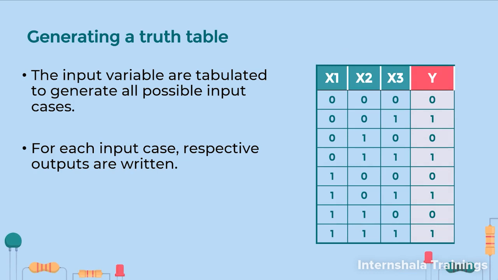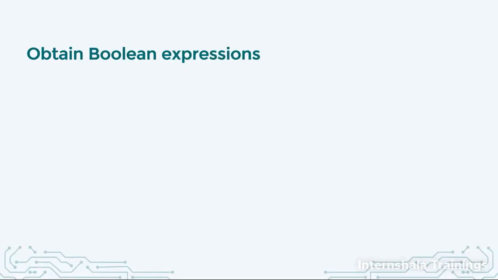So what we observe here is that we have 3 inputs, x1, x2, x3, so a total of 8 cases, and we have the value of y. Some of the values are 0, some of the values are 1, and then accordingly we go to the next step. So the next we have is obtaining the Boolean expressions.